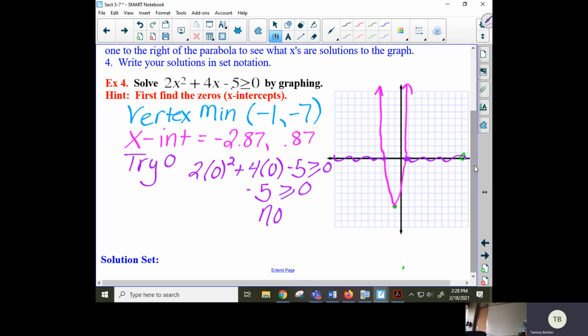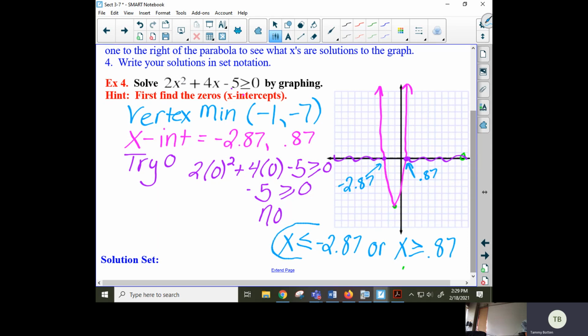The first one here would be that x is less than or equal to negative 2.87, and then you put an or, and this point is 0.87, so x is, what do you think it would be? Greater than or equal to, because you're going this way, 0.87. Do you get that? Yes.